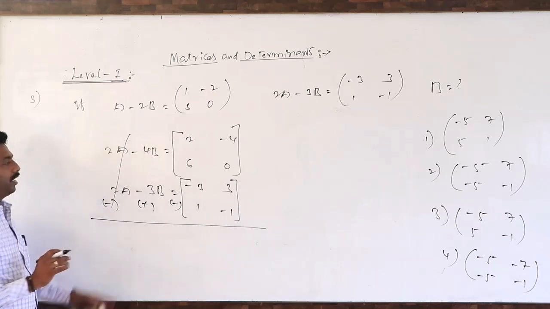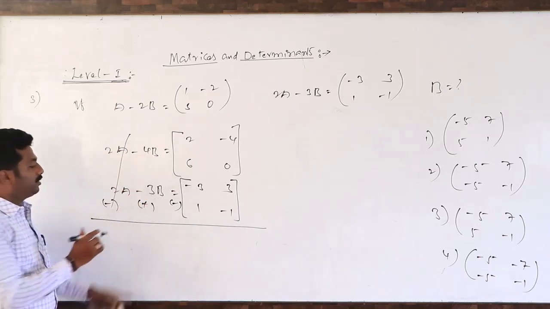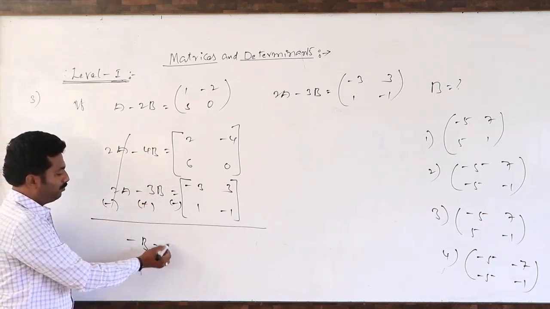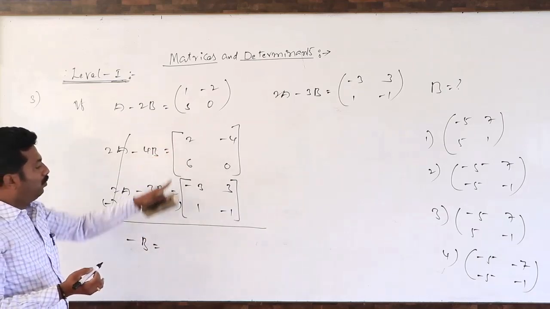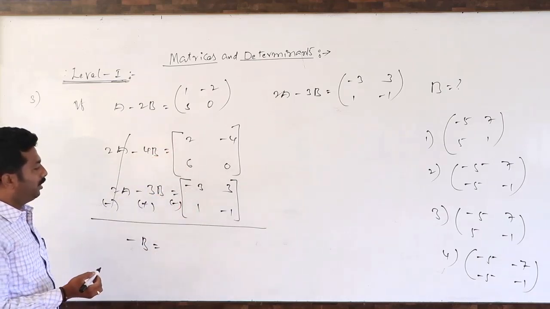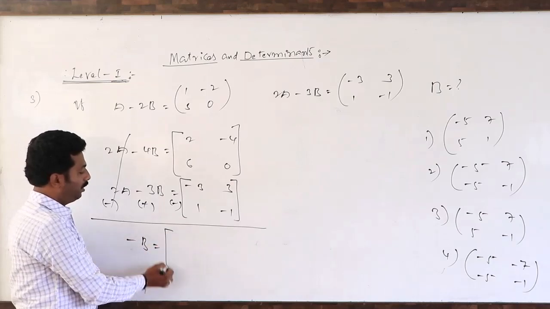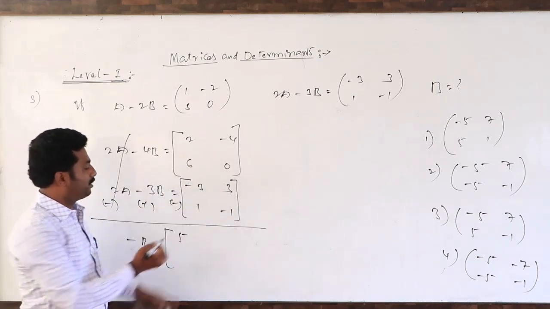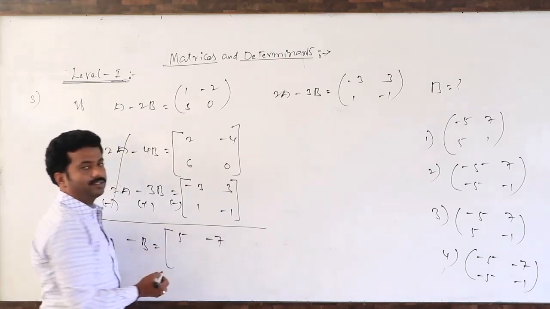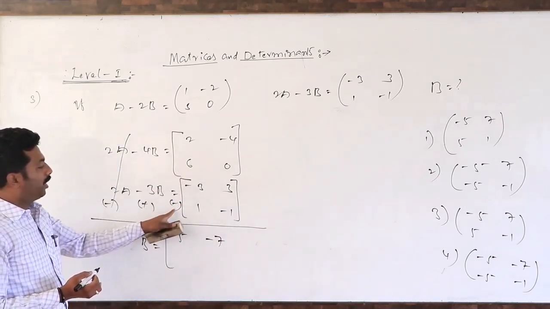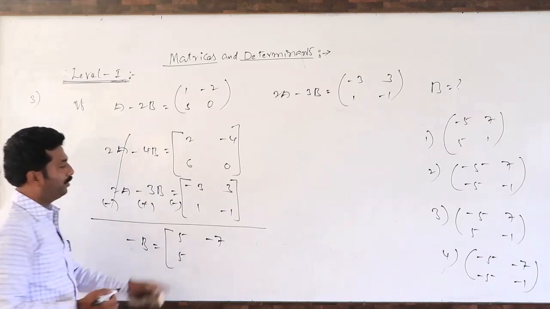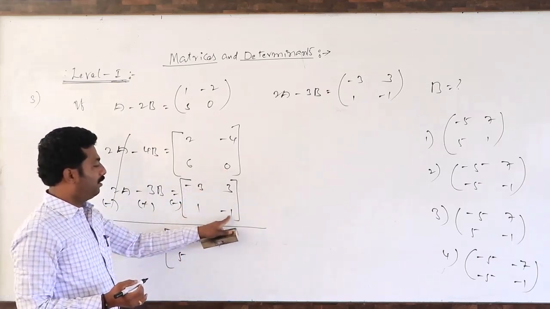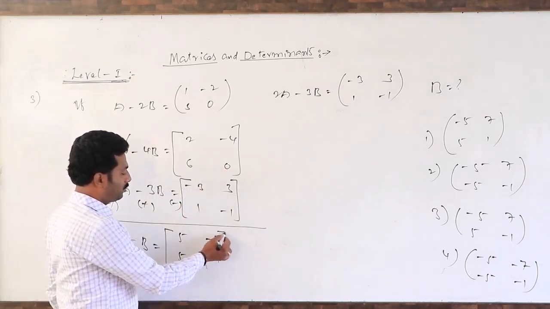So these two we can cancel. Minus 4B minus 3B means minus B. See here, 2 minus of minus 3, so it will be 5. Minus 4 minus 3 is minus 7. 6 minus 1 it will be 5. 0 minus of minus 1 means plus 1.